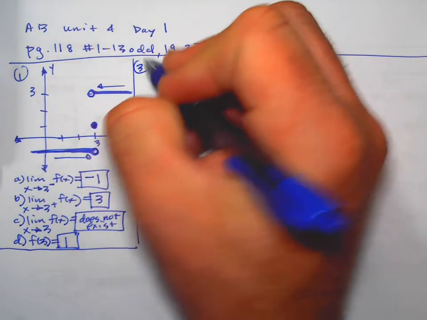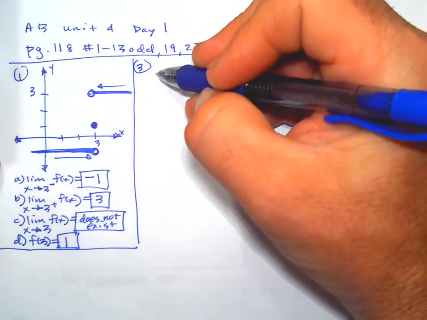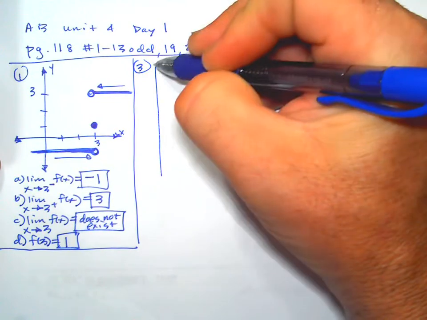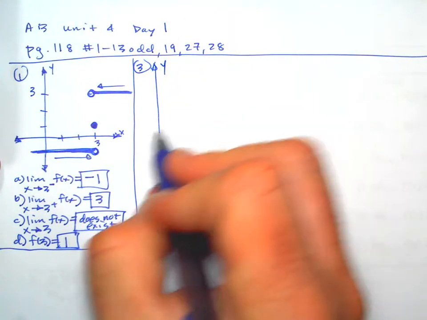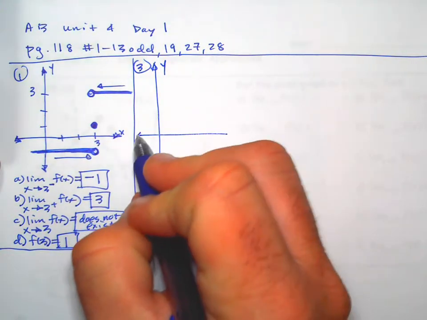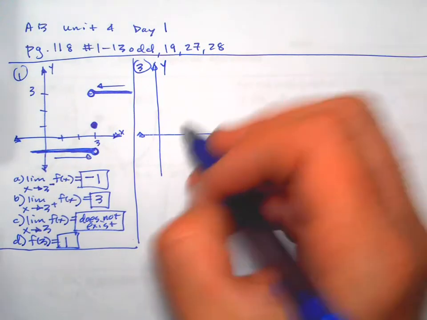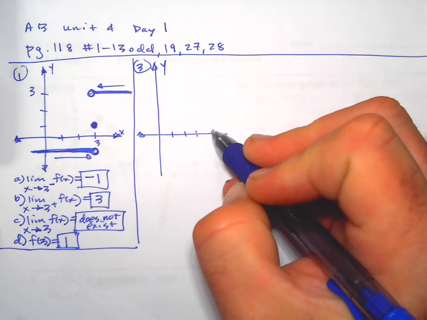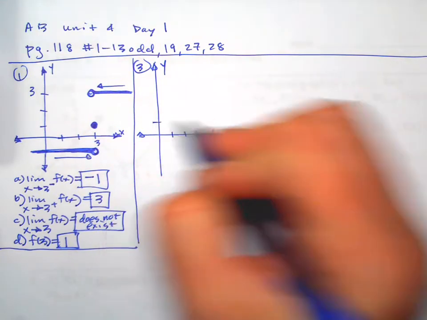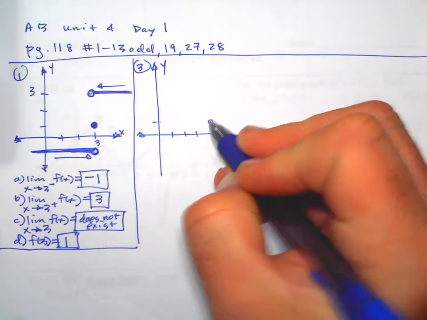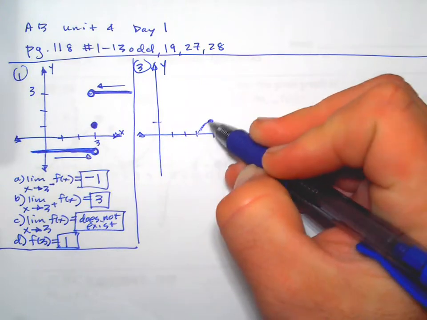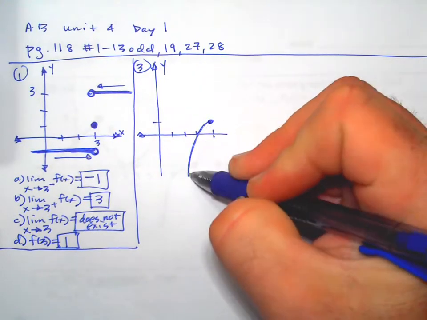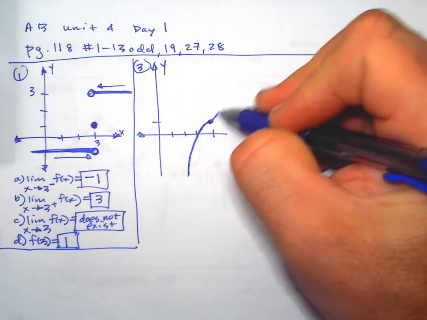Number 3, the graph maybe crosses around, or I don't know, there's a kind of a significant dot at 4. The graph kind of goes like this, and it kind of bends upwards.